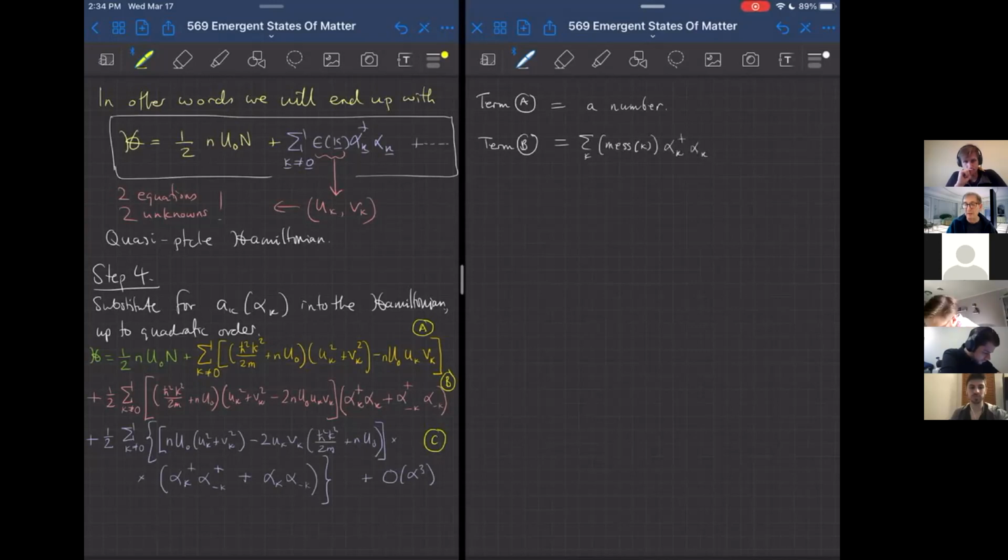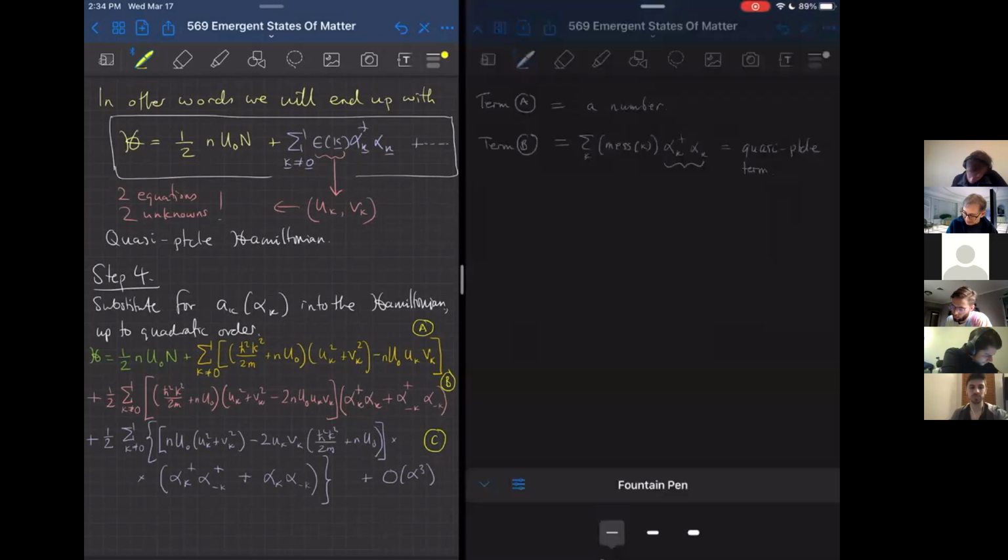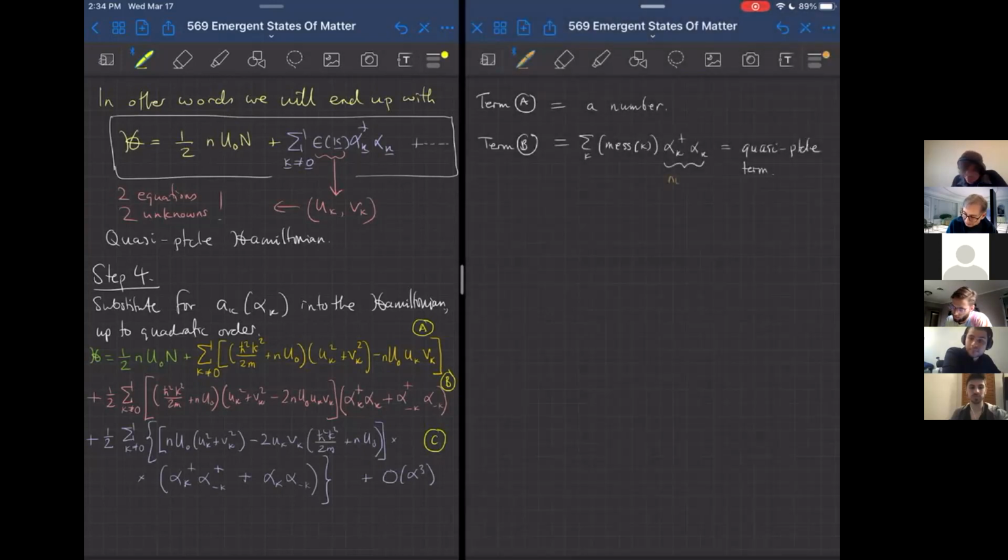And of course, I've got the sum over k and the sum over minus k separately, because last time I separated them out. And so this thing is in fact a quasi-particle term, because this thing over here is nothing more than just a number operator for these alpha particles, whatever they are.